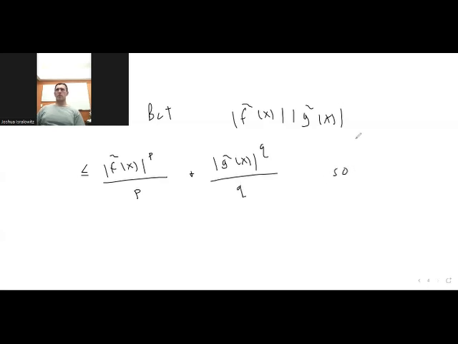So just integrate both sides. Like I said, technically this is true almost everywhere. So what does this mean? This means that this is less than or equal to 1 over p times this here.